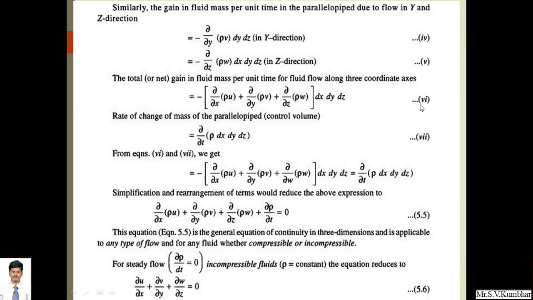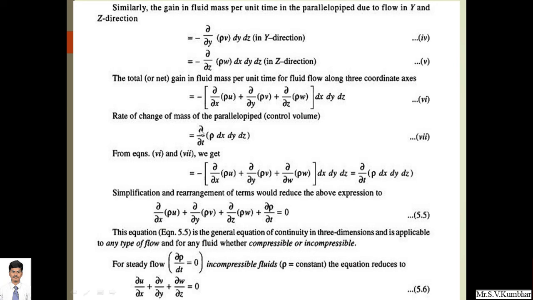Let's say this is equation number 6, and the rate of change of mass of the parallelepiped, that is the control volume, is dou m upon dou t. Mass is calculated by density multiplied by volume, because density is nothing but mass per unit volume, therefore mass is equal to density into volume.